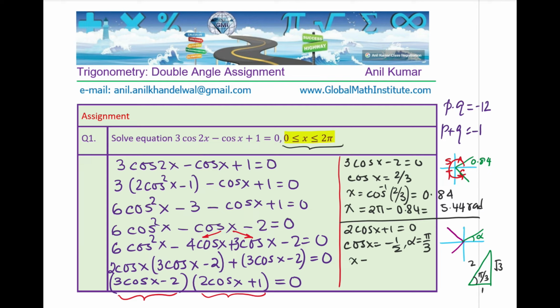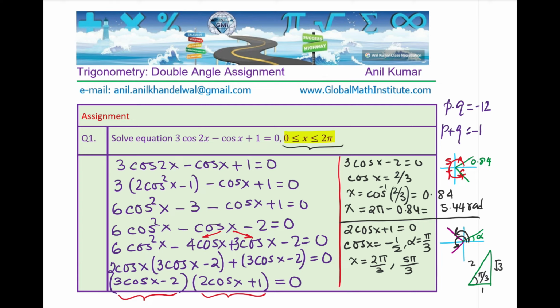So the x value is going to be what? Well, these are the two x values, correct? One of them is 2 pi by 3, the other one is 4 pi by 3. So within the given interval, we now have four answers.